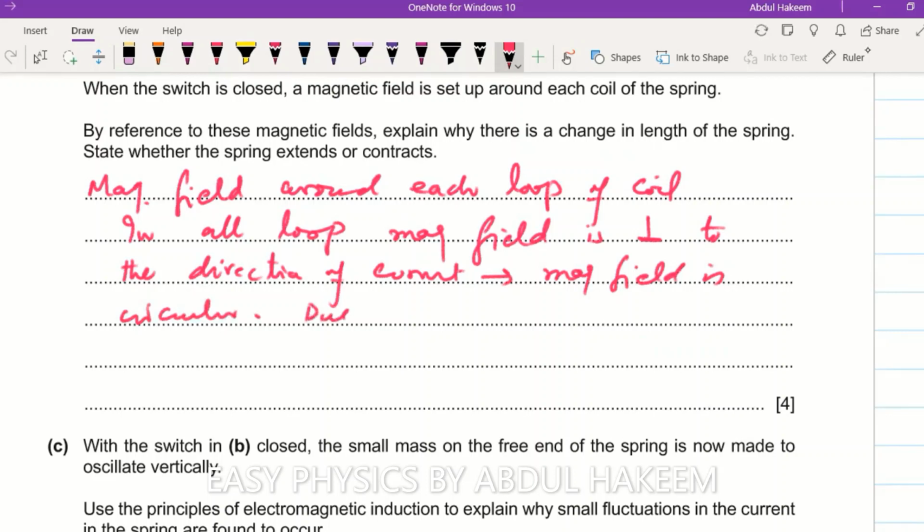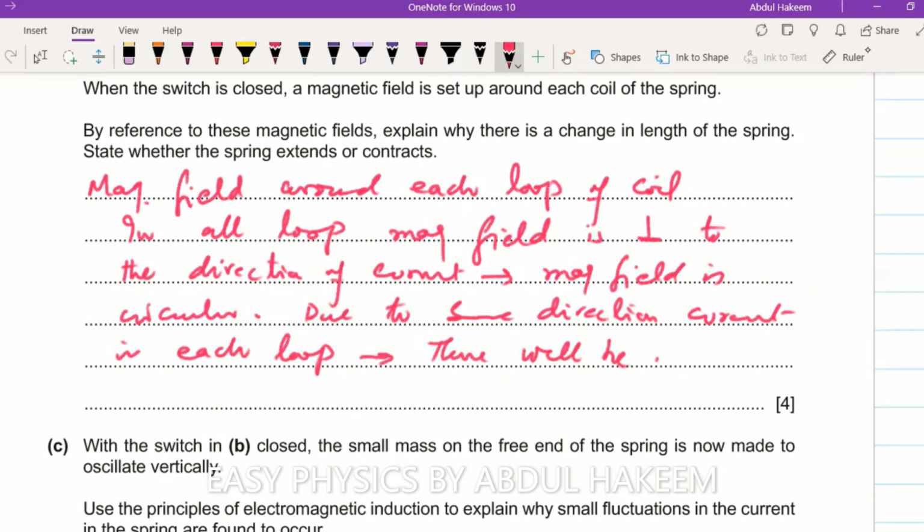Now, due to the same direction of current in each loop, there will be attraction, which can be determined by Fleming's left-hand rule.